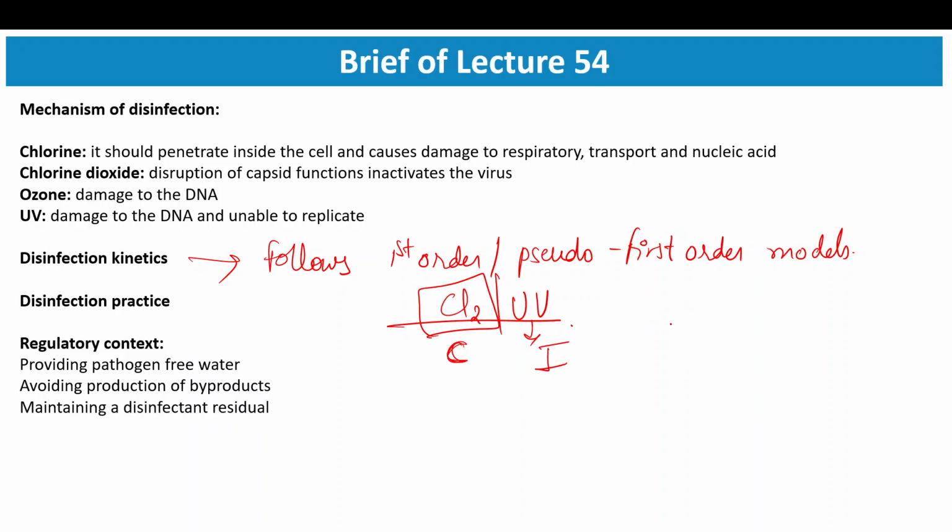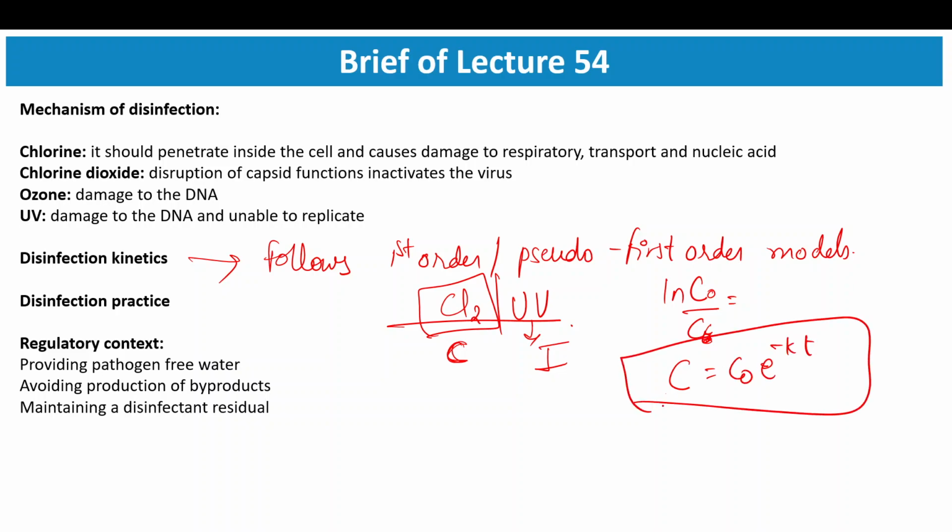And for all the cases, usually the first order equation is like this: ln C naught by C equals to, yeah, so this is the first order form. And if you linearize, it will be in this form: C by C naught equals to exponential minus kt. And when you take ln on both the sides, you will have some form for the first order equation, right?